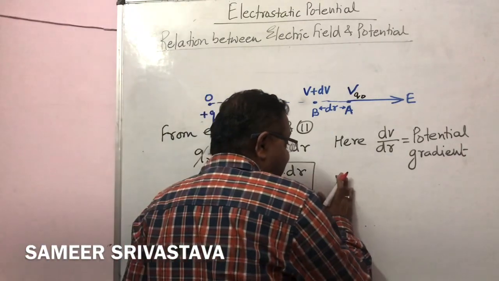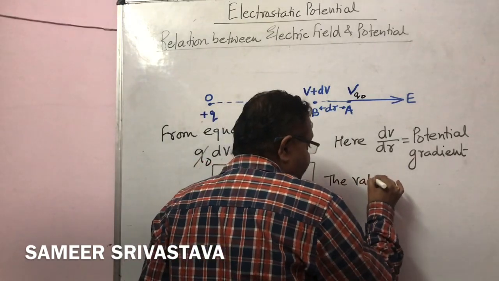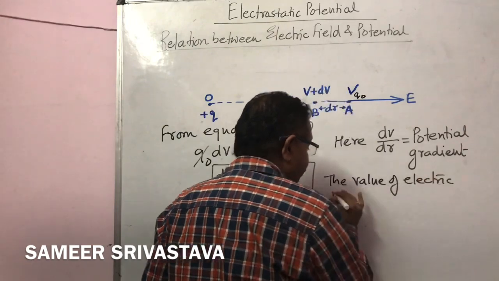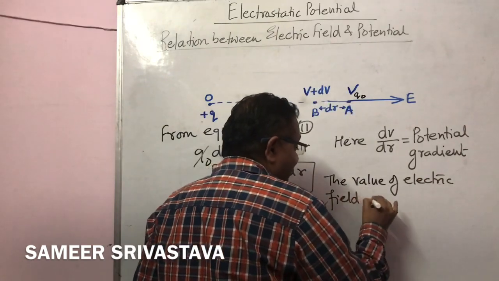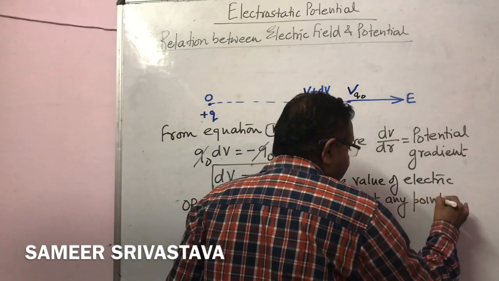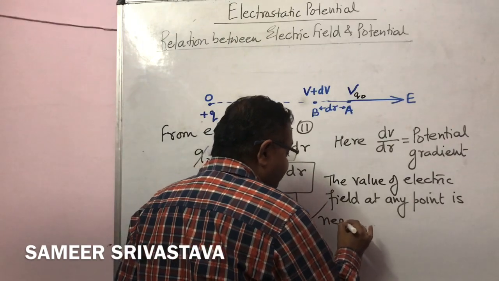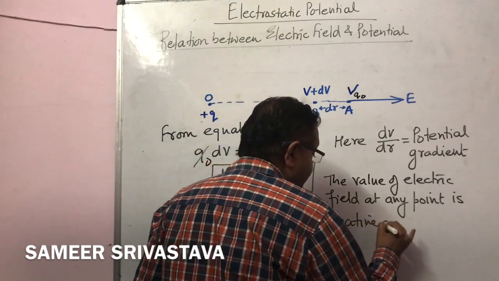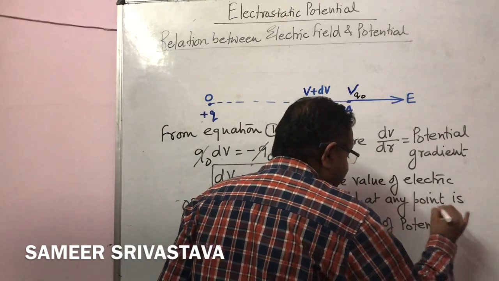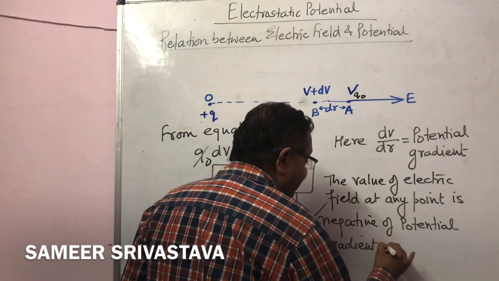Or we can write that the value of electric field at any point is the negative of the potential gradient at that point.